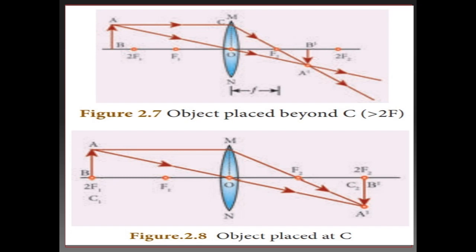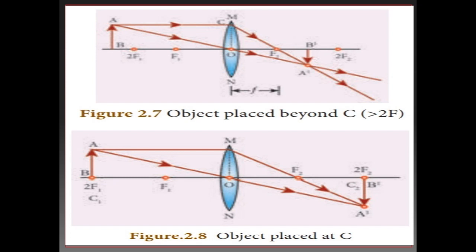What is the center of curvature? It is beyond C. So when the object is placed behind the center of curvature, a real image and an inverted image are formed.